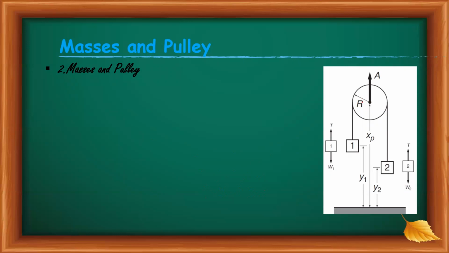Its radius is capital R, and a string having a particular length and two masses 1 and 2 is tightened at both ends of the string and it is kept on the pulley.